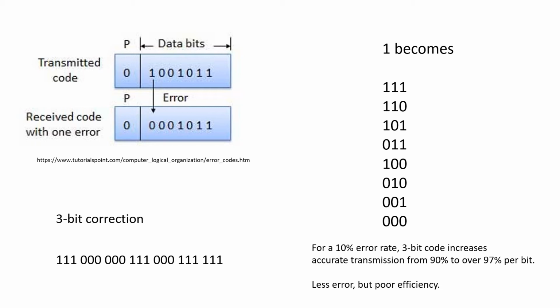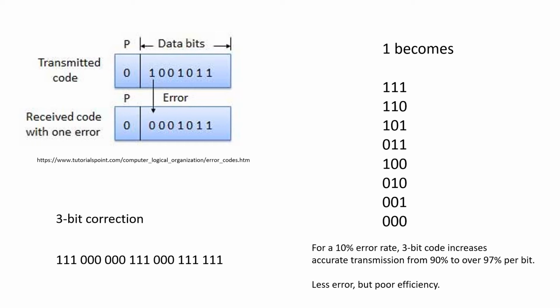Or I could have any one of those 3 bits change. And so I could instead send you 110, because even though I intended to send 111, that last bit flipped to a 0. Or 101, or it could become 011, and so on for the list of 8 possibilities on your right.